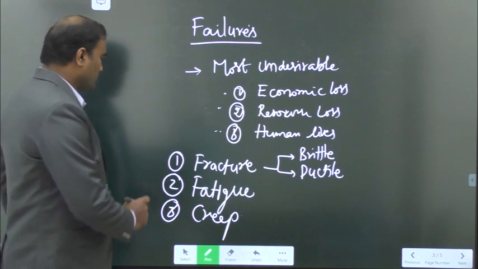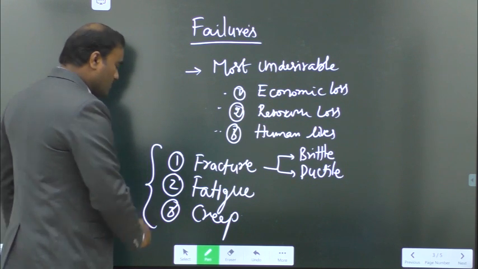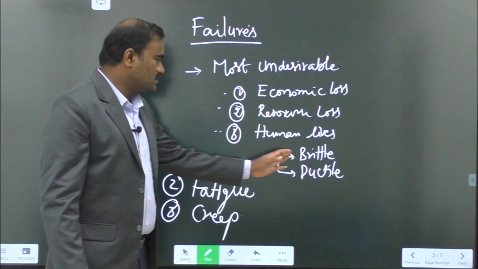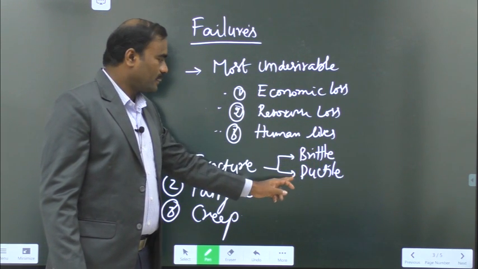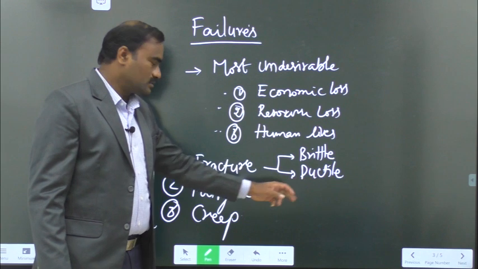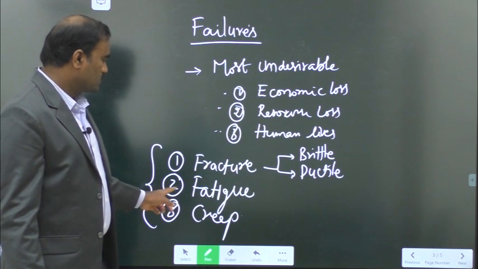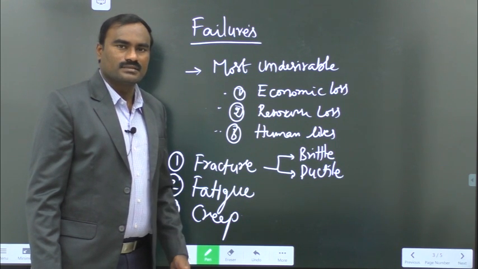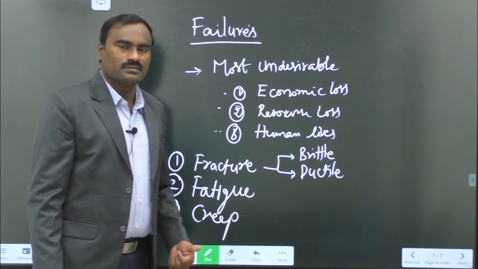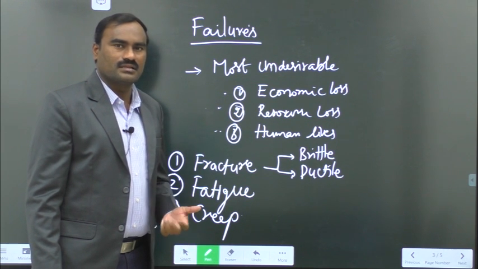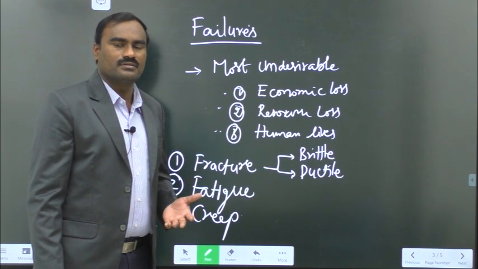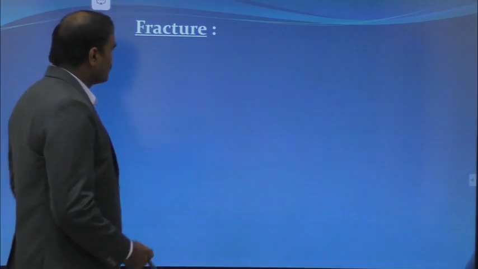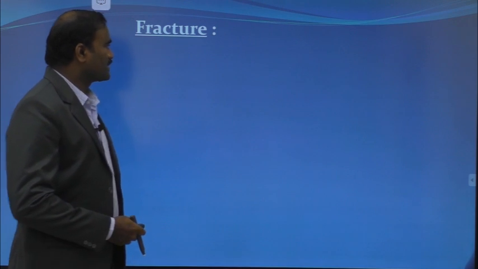So first one is fracture, in which we have brittle fracture and ductile fracture. Secondly, we are going to see fatigue fracture, and finally creep, which is another type of failure of metal. Now let us see what is fracture.